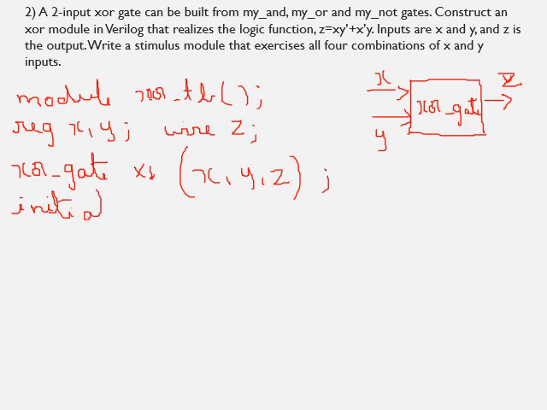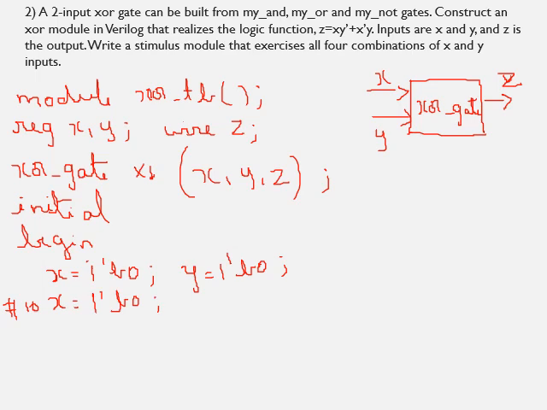Then inside the initial block I will just give all four combinations with the two inputs, say X equal to 1'b0, Y equal to 1'b0, and after a delay of say 10 time units, X equal to 1'b0 and Y equal to 1'b1.